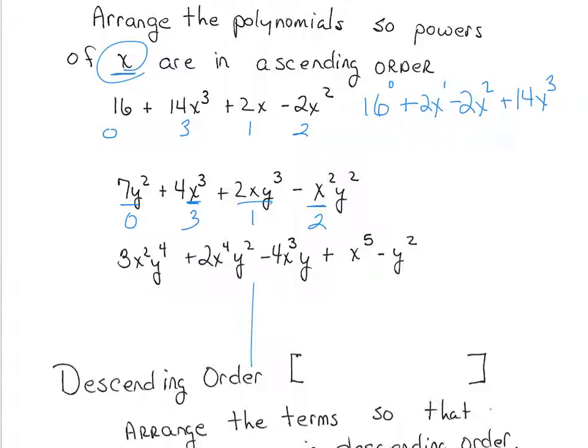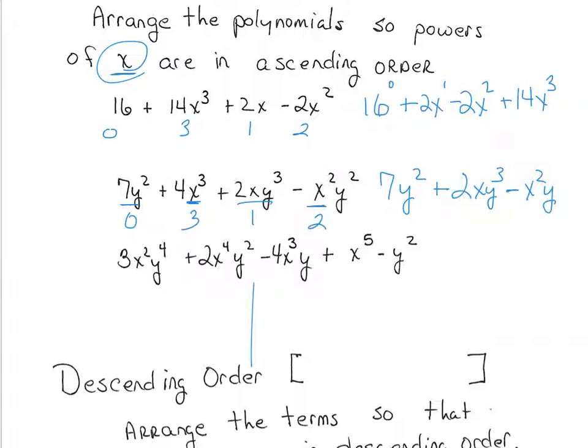So if we're going in ascending order, lowest to highest, you're going to have 7y squared plus 2xy cubed. Then what? x squared, minus x squared y.